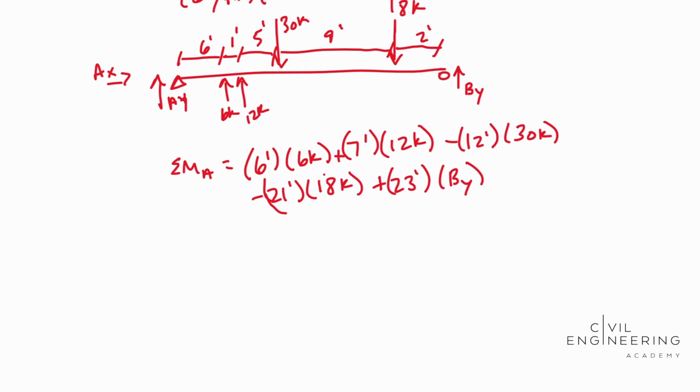So solve for BY there and you end up with 26.9 kips.